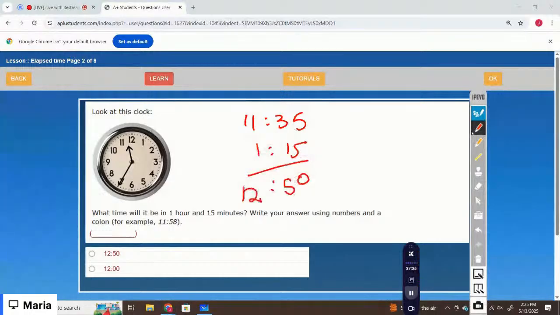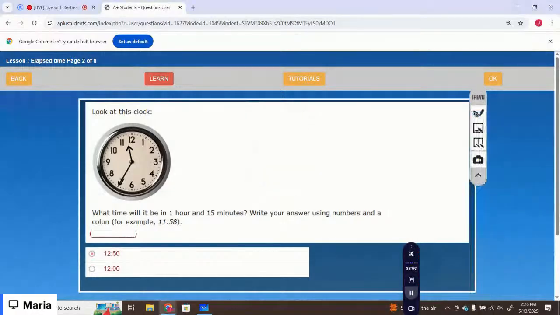So it would be 12:50. Option number 1 is the correct option.